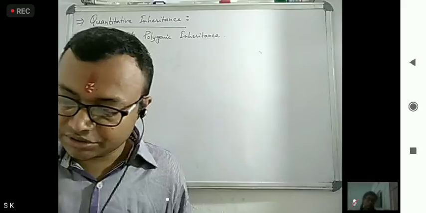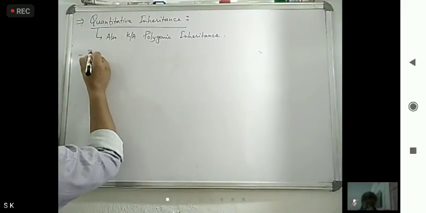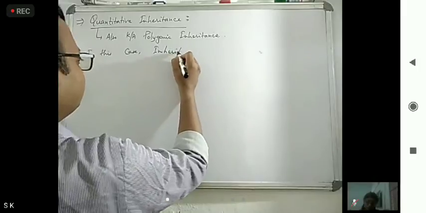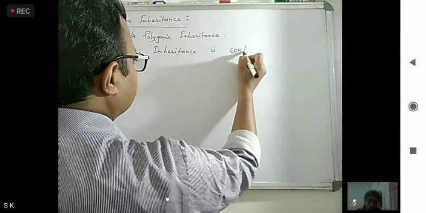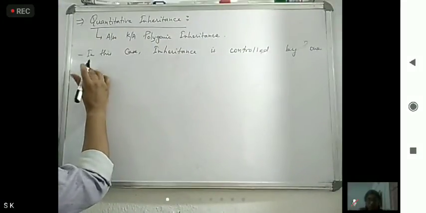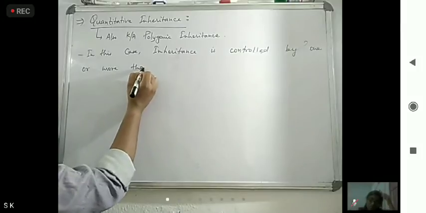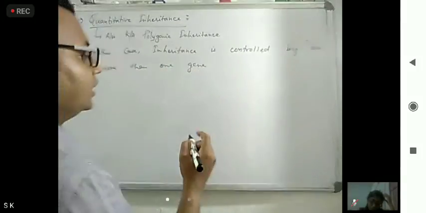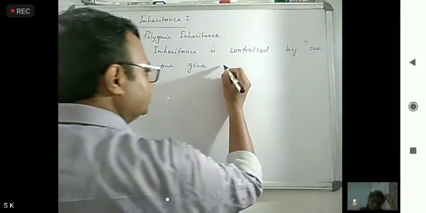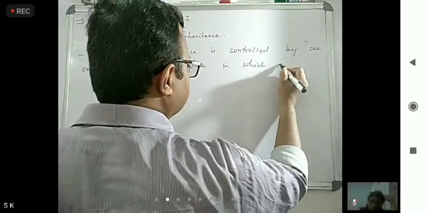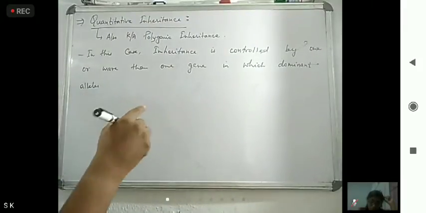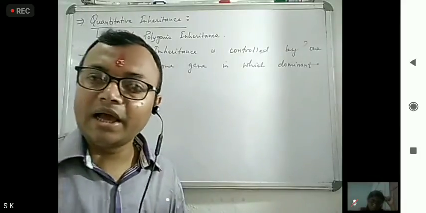So what we can say in this case: inheritance is controlled by one or more than one gene in which dominant alleles have cumulative effect.